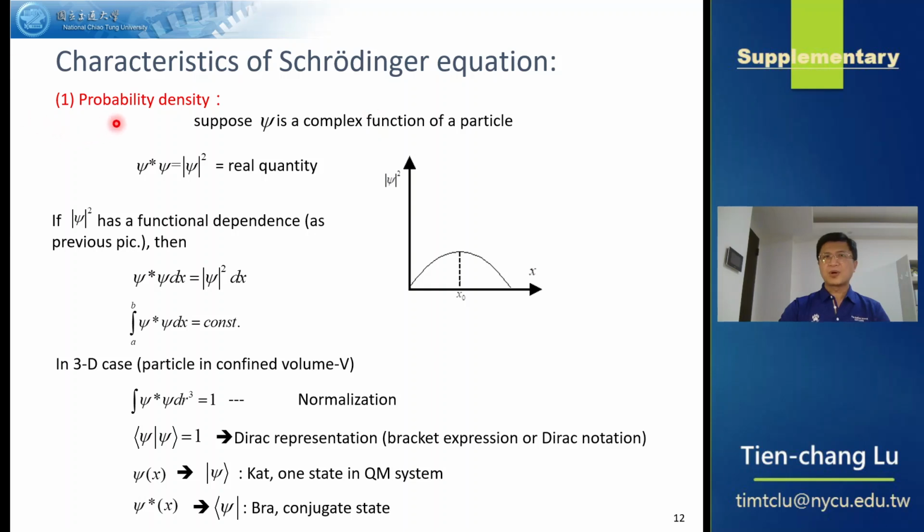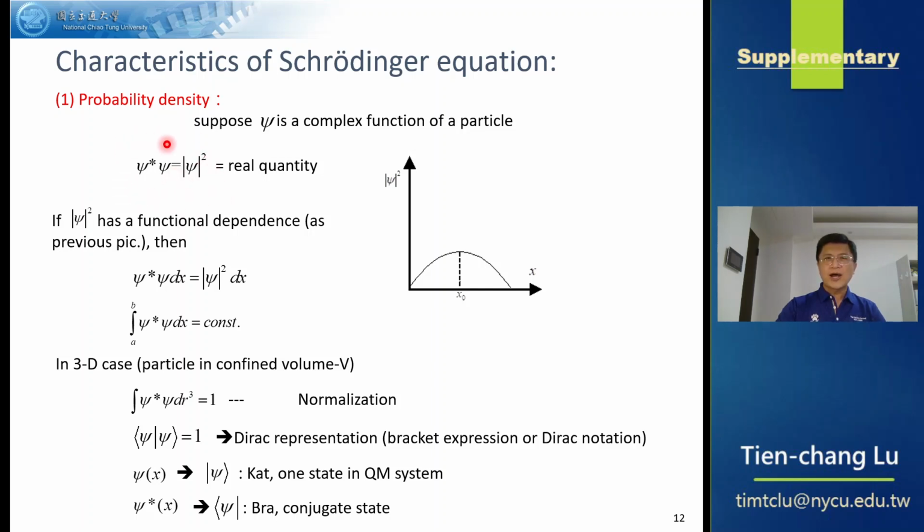First one is the probability density. Suppose this phi is a complex function of a particle. Of course, we know that the wave function equals A times exponential of j(kx minus omega t). So phi can be a complex function. Then we use phi complex conjugate times phi, which equals the absolute value of phi squared.